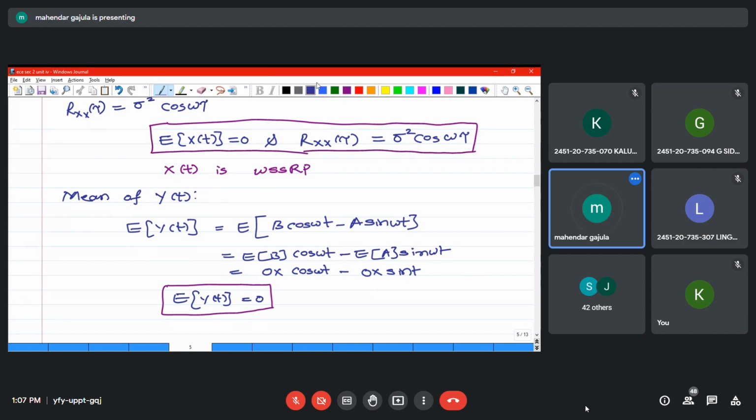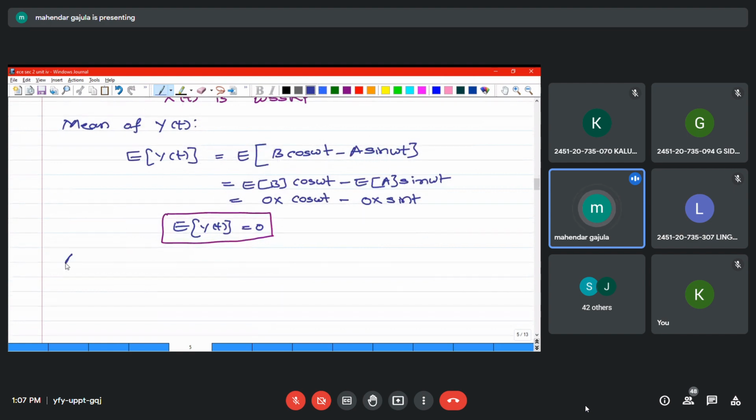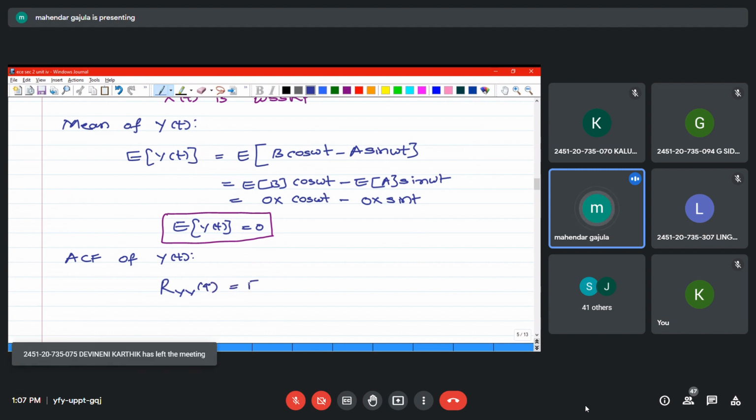Now let us find the autocorrelation function of yt. What is the formula? Expectation of yt times yt plus tau.